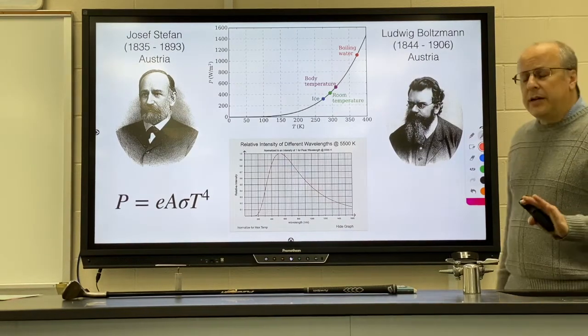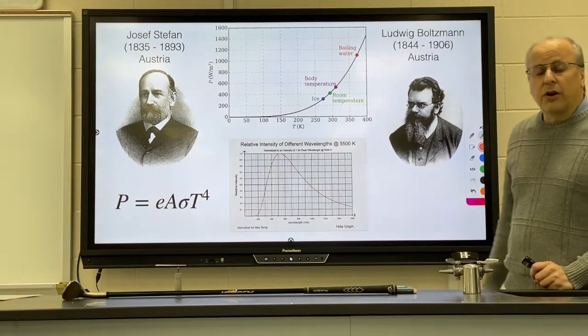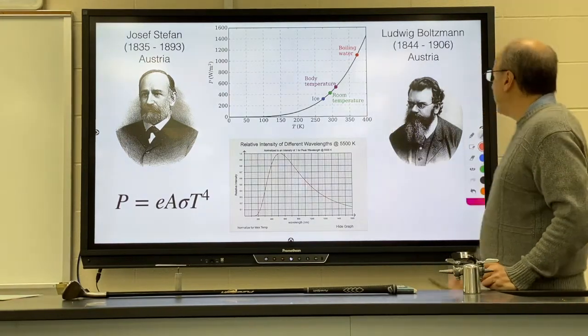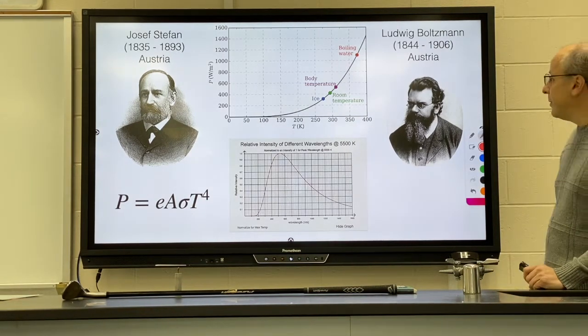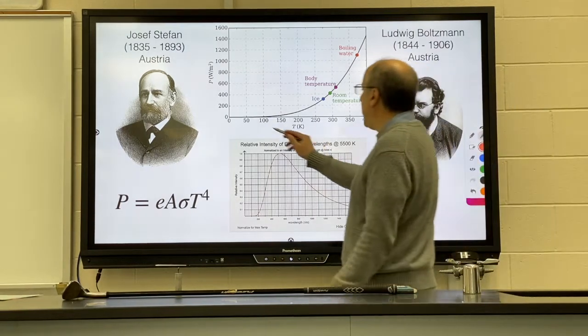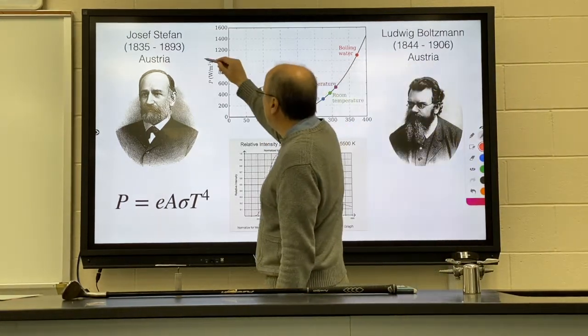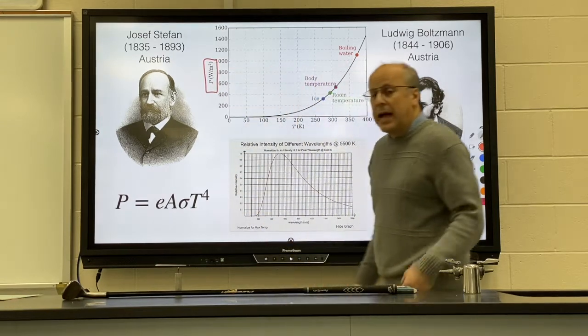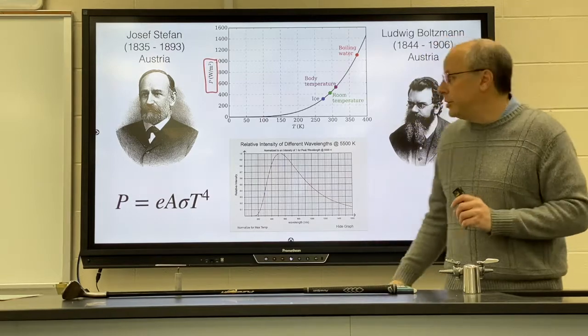The second equation that came out of all of this was done by Boltzmann, who we saw earlier this year, and Stefan. Sometimes called the Stefan-Boltzmann relationship. And what we have here is temperature again on the x, but this time we have total power. How much total energy per second is coming off of our object?